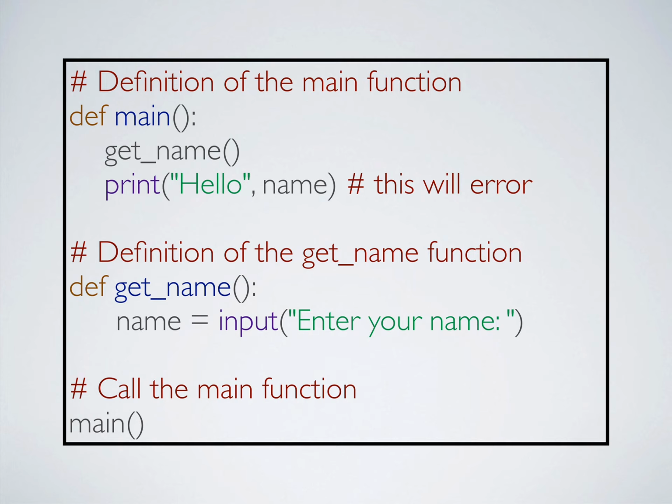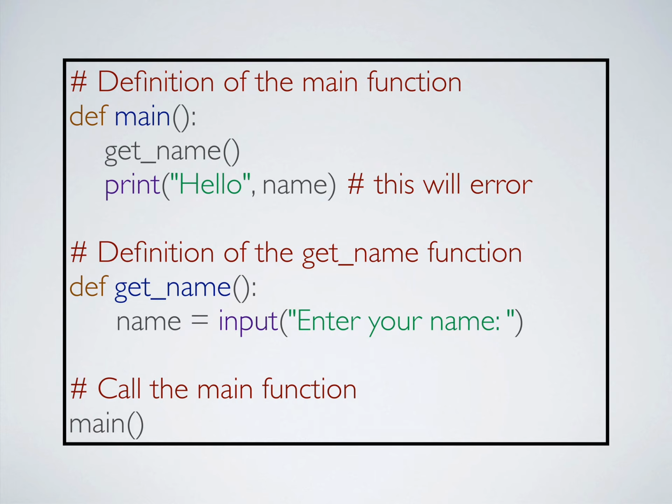In this main function, I call getName, which is another function. GetName has one line of code. Name equals input into your name. This is the same input statement that we've used many times, right? It takes whatever the user types in on the keyboard, stores it into this variable name.